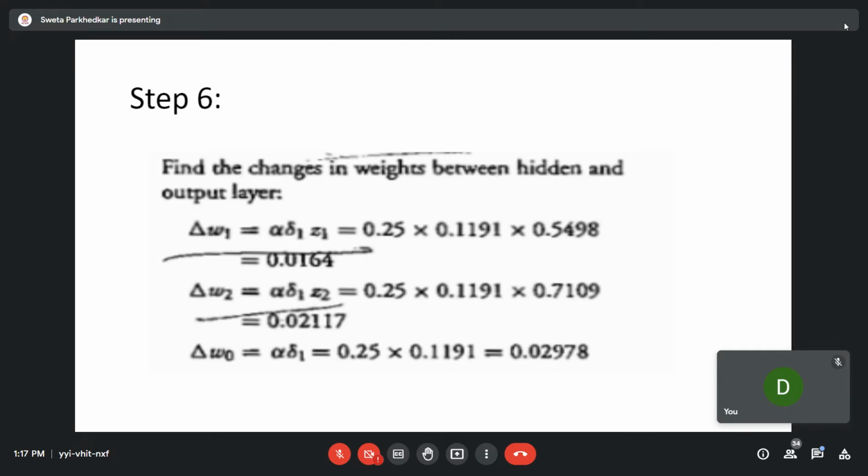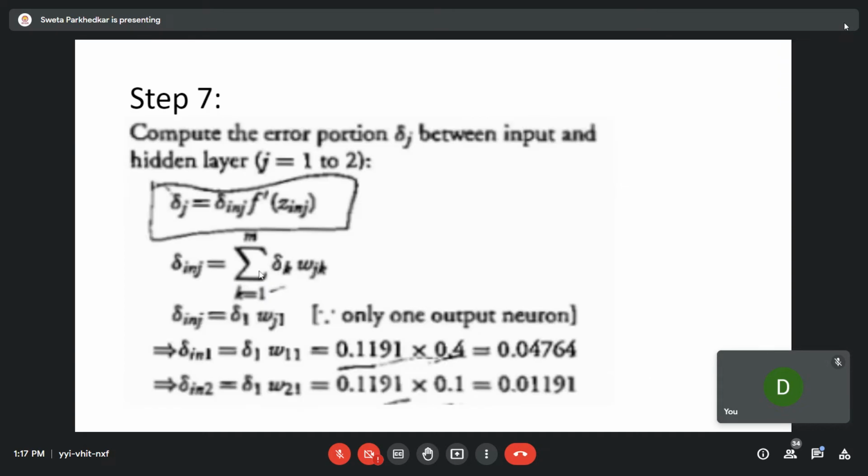Okay, and now after this, we need to find the error portion in both the hidden layers. So we need to calculate delta J. Here J will be considered as the first hidden layer and the second hidden layer, so J will vary from 1 to 2.